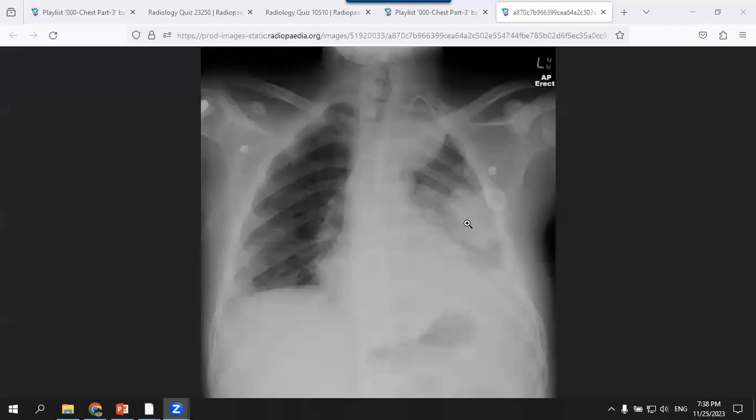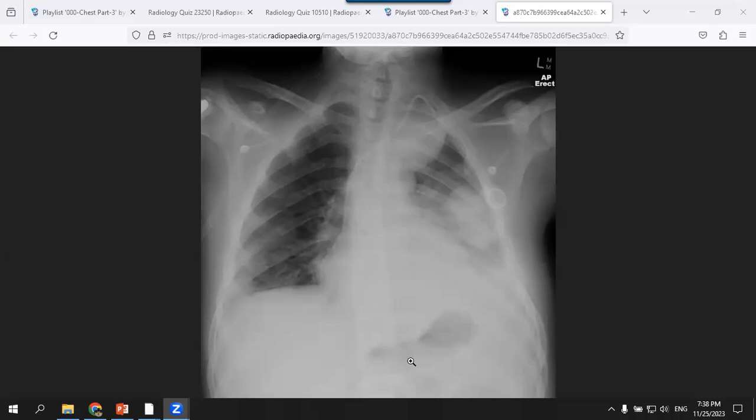Usually renal carcinomas. So no surgical clips at the upper abdomen. Good. What else? Thyroid carcinomas. No enlarged soft tissue in the neck, no tracheal compression, no surgical scar. Okay, what else? GI malignancies.